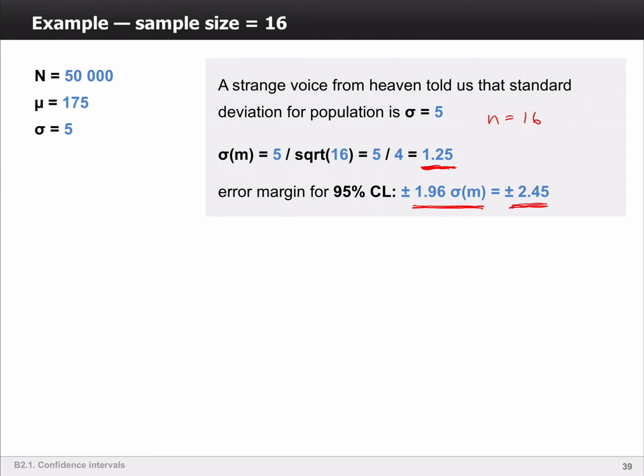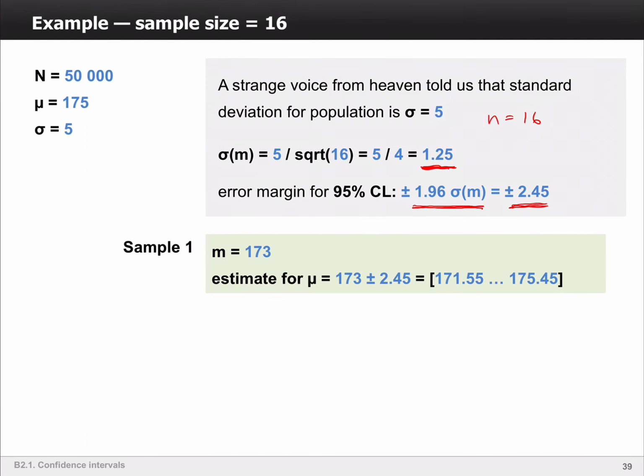Okay. So it means that, for example, we took a sample and the average is 173. Because we know the standard error and we know the error margin, we can calculate the confidence interval. Okay, it tells us, well, the population average is somewhere between 171.55 and 175.45. And you see that the true population average is inside, so that's correct.